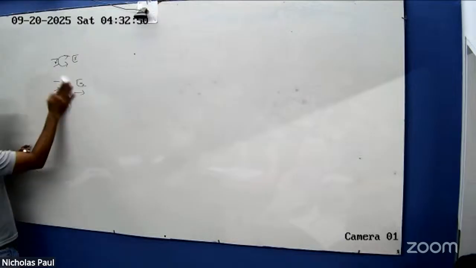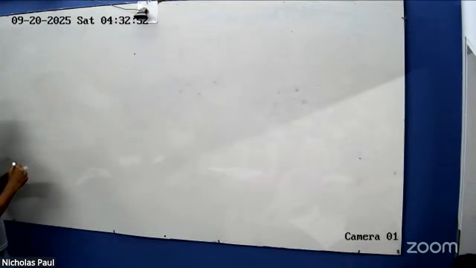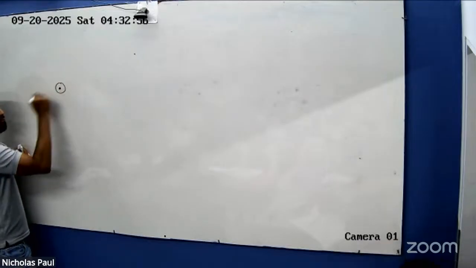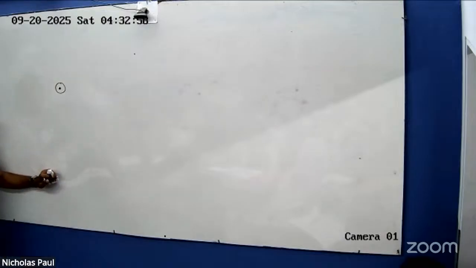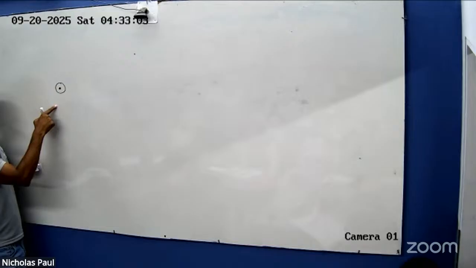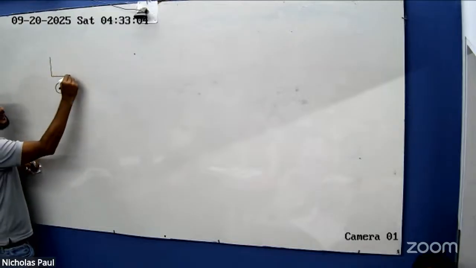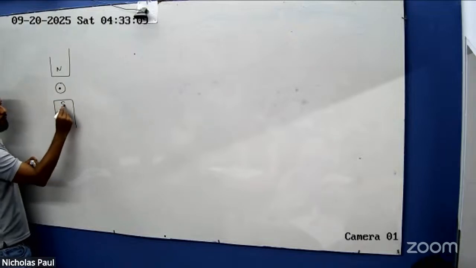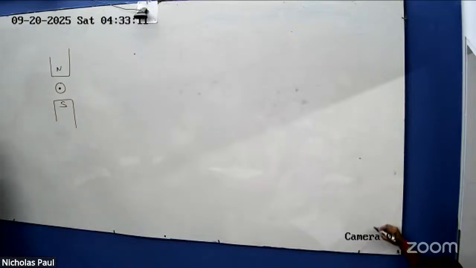Nice. So here's what we're going to do now. We are going to take a current carrying conductor. That symbol means current carrying conductor. We are going to put it in between a magnet.